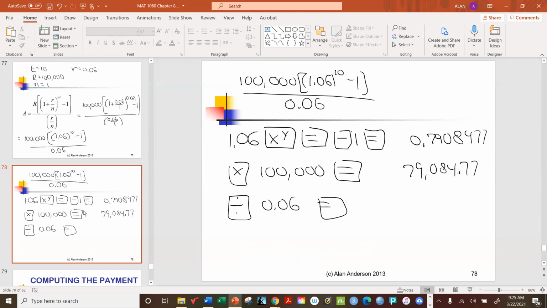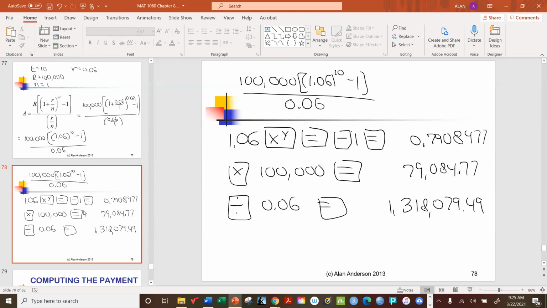And then when you divide by 0.06, that gives you your final answer, which is 1,318,079.49. And that's your final answer.